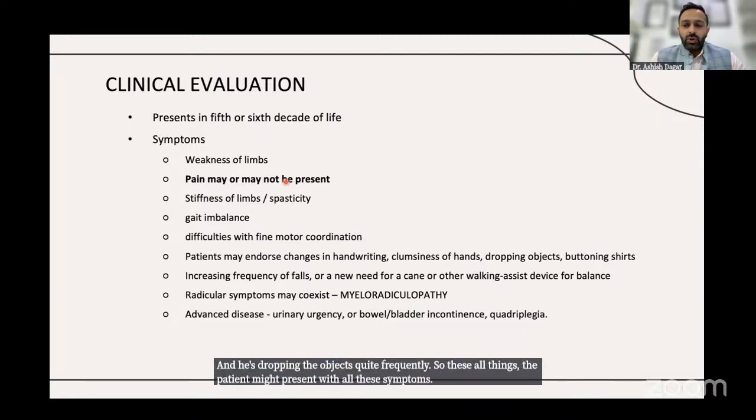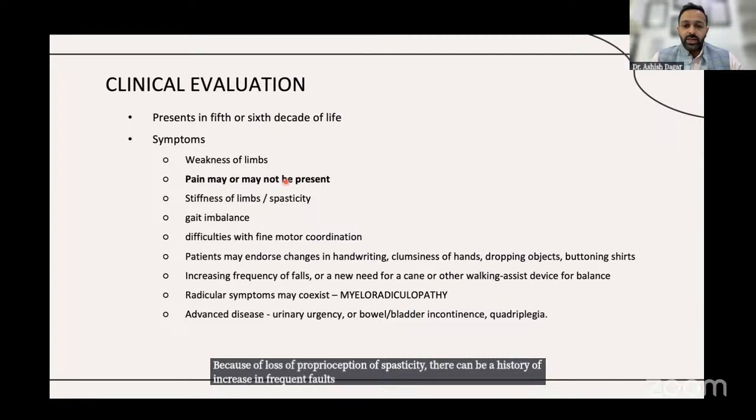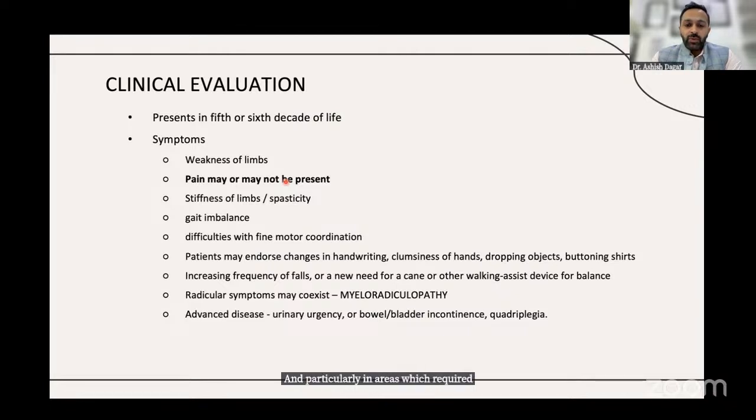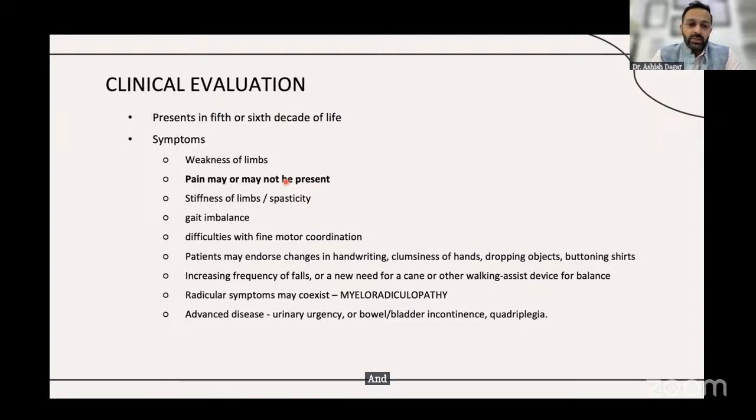Because of loss of proprioception or spasticity, there can be a history of increased, recent-onset frequent falls, or the patient may need a cane, or he may say that he does not feel confident while walking, particularly in areas which require, suppose, walking on an uneven surface; the patient might feel it is difficult to walk there, and he might need some assistance.